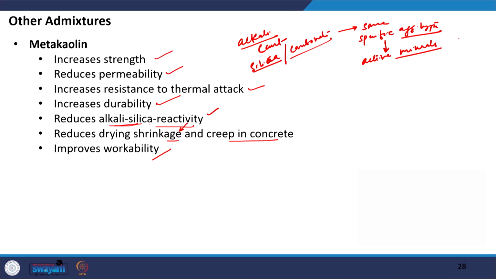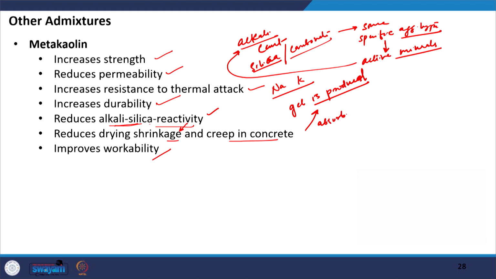So, when these active minerals react with alkali from the cement, this alkali can be in the form of sodium and potassium metal ions, or it can be in the form of calcium, because of the presence of calcium hydroxide also. So, it reacts with the alkali of cement and it produces a gel. So, this gel which is produced in this process has a tendency to absorb water.